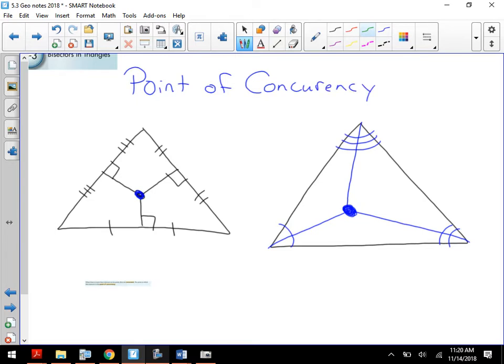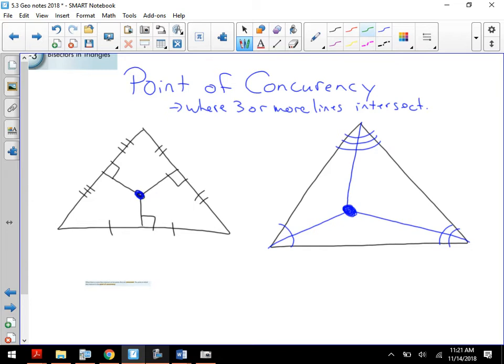I think there's 2 R's in that, but whatever. It's where 3 or more lines intersect. Okay.